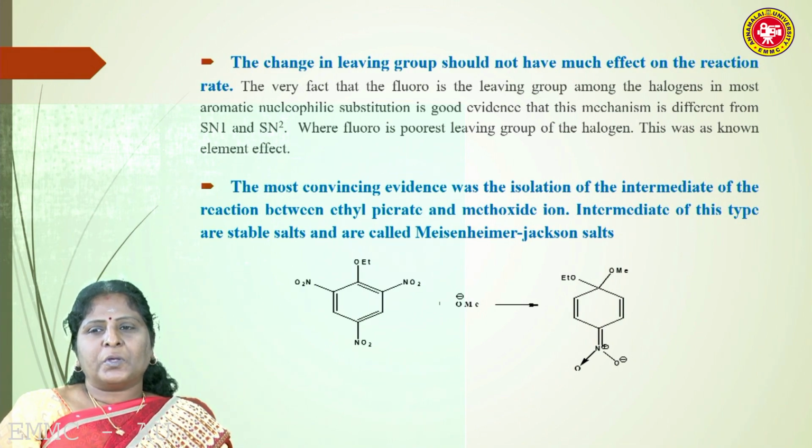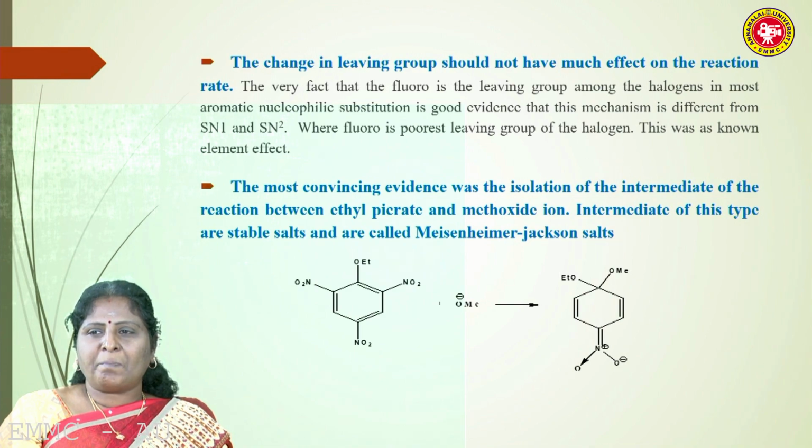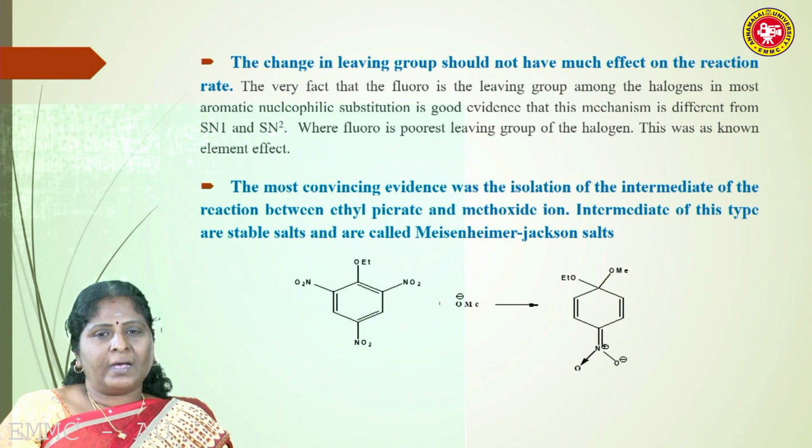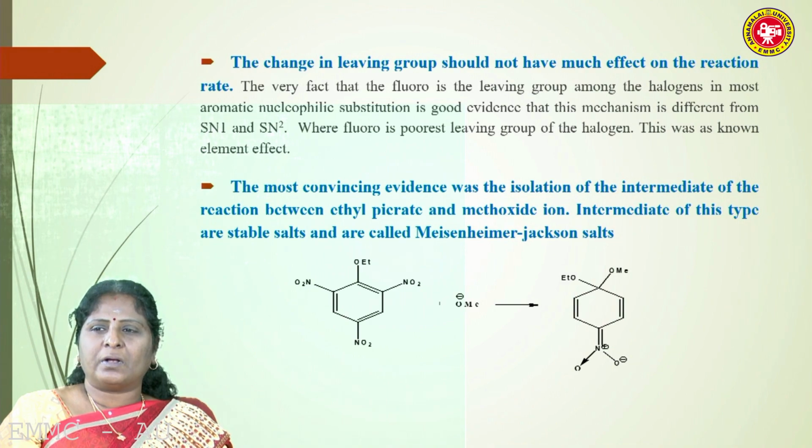In the SN-AR mechanism, a change in the leaving group should not have much effect on the reaction rate. The very fact that fluoro is the best leaving group among the halogens in most aromatic nucleophilic substitutions is good evidence that this mechanism is different from SN1 and SN2, where fluoro is the poorest leaving group of the halogens.